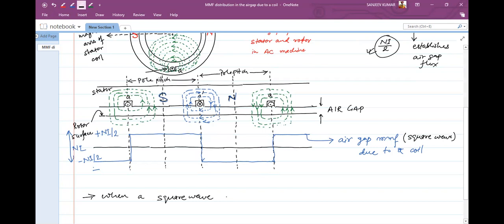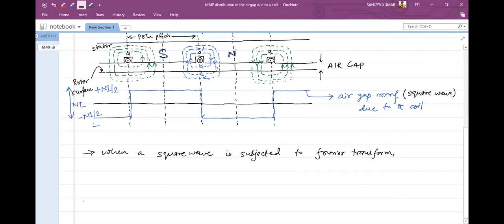When we apply Fourier transform on this square wave, what do we get? We get a sinusoidal fundamental waveform and the harmonics.